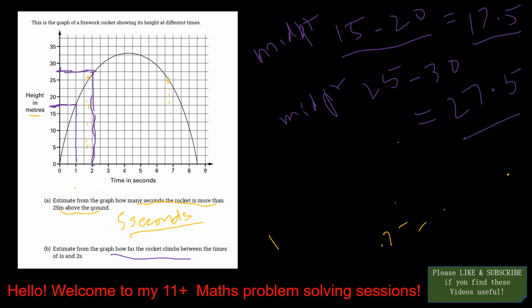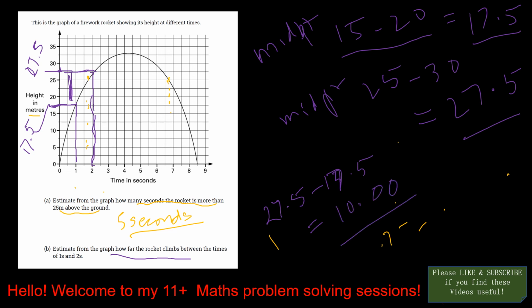So this point is 27.5 and this point is 17.5. The question is, how far does the rocket climb? It is this distance the rocket has climbed. So that will be 27.5 minus 17.5, which is 10. So the answer is 10.